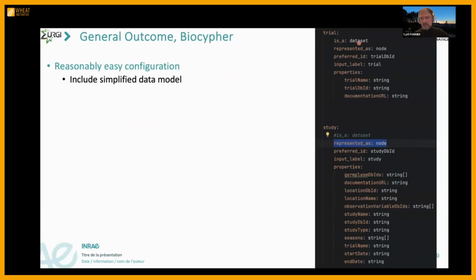For instance, here you see the words dataset or study are taken from this foundation ontology. But it acts more as a reference vocabulary than as a data model. In other words, you need to have just a couple of roots in this BioLink foundational ontology, and then you elaborate your model directly in your configuration file.